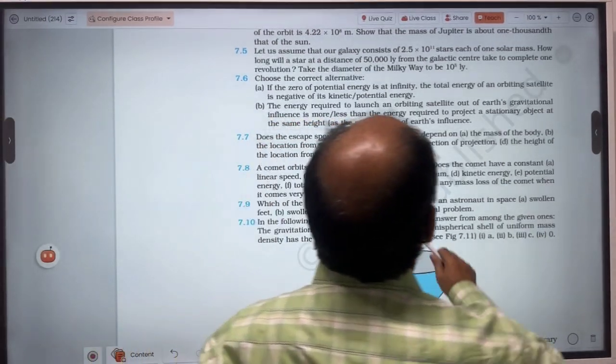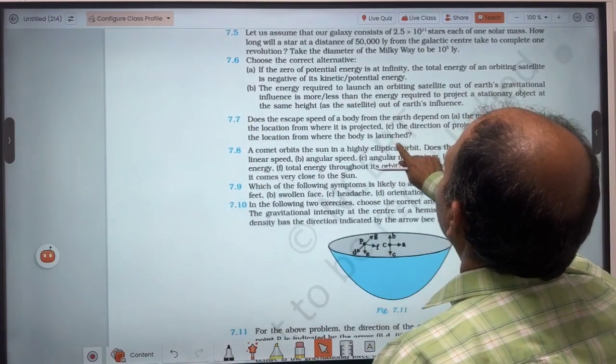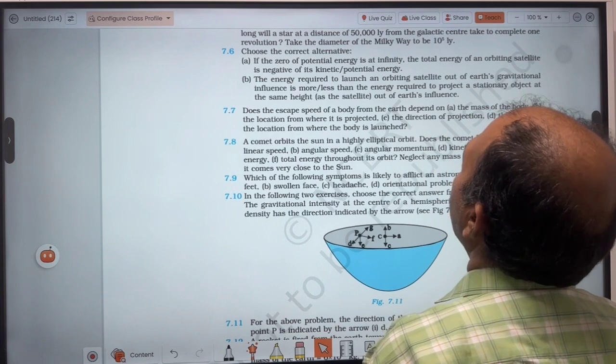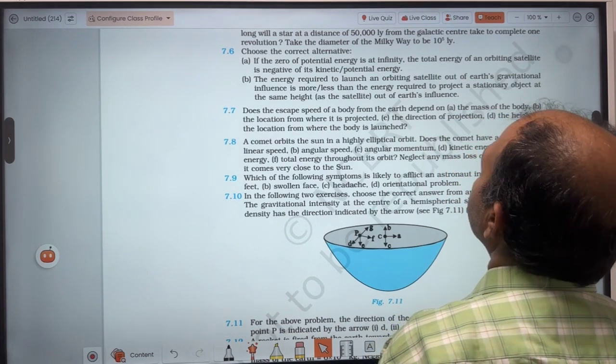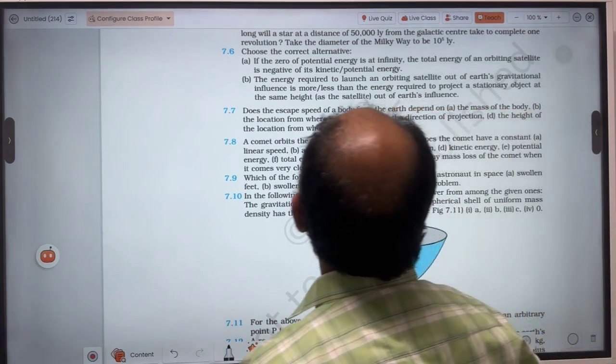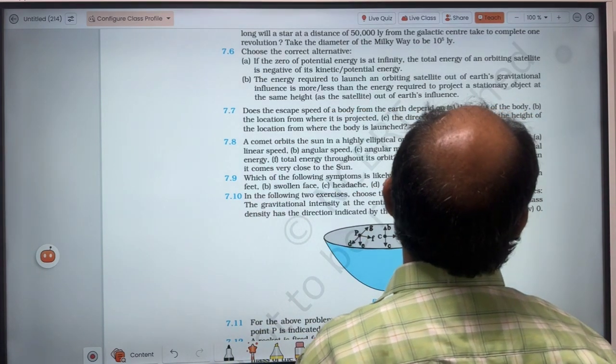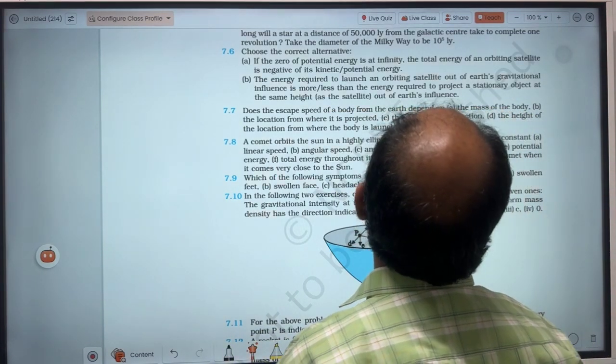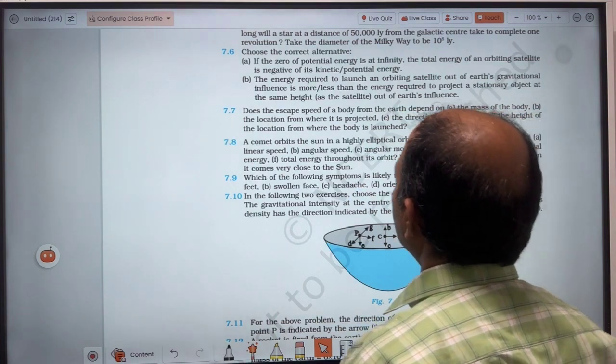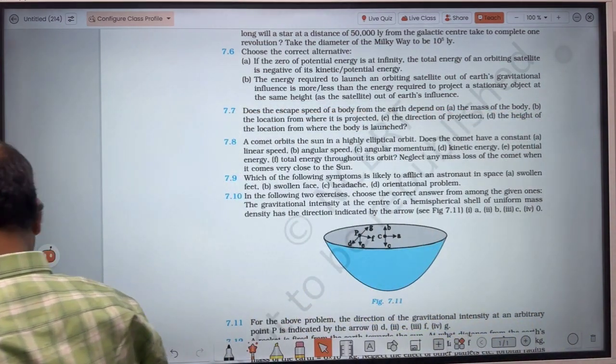Now, the next question is: does the escape speed of a body from the Earth depend on the mass of the body, the location, the direction of projection, or the height of the location?